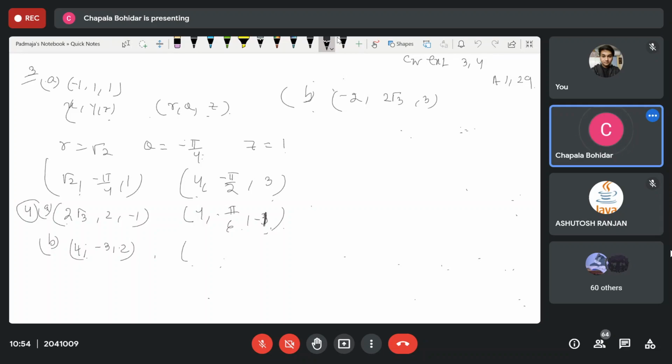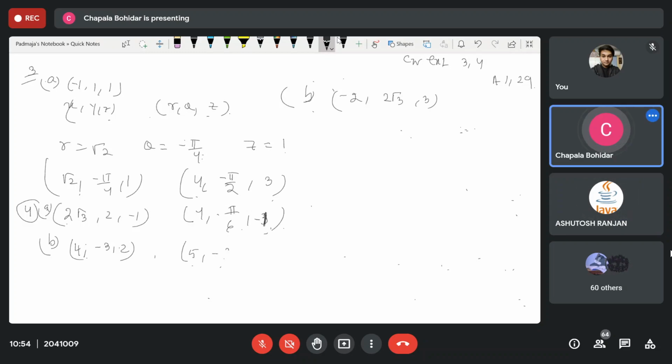R is equal to. What is the value of R? R is equal to. 5 comma minus tan inverse 3 by 4 comma 2.